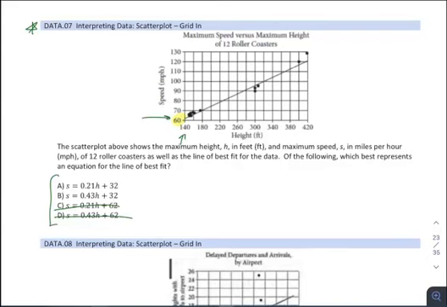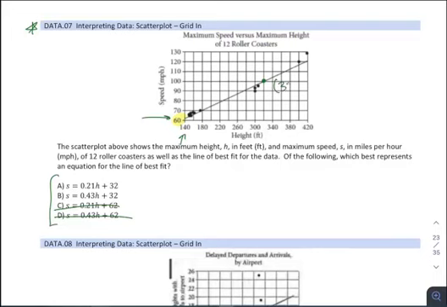You can find 2 points or estimate 2 points on the line of best fit. Again, we're not using the data points. We're using the line of best fit here. And you can find the slope of the line between those 2 points. But really, when I look at this, there is just one point that I know with pretty high certainty what the coordinates are.